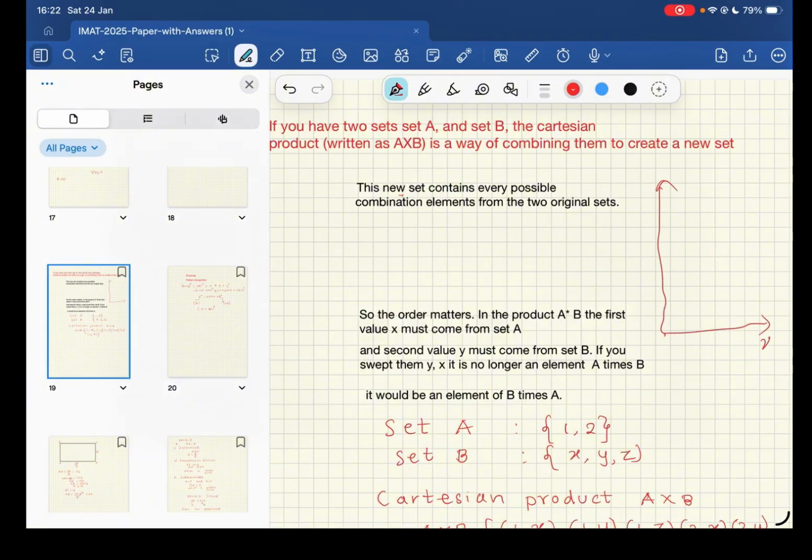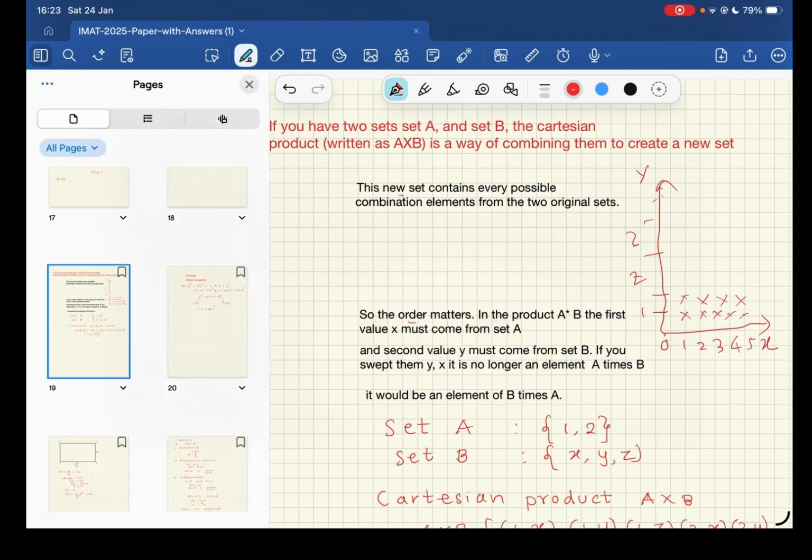In the Cartesian coordinate system, there is the x-axis and the y-axis. The x might have a set of 0, 1, 2, 3, 4, 5 elements, and y could have 1, 2, 3, 4, 5. Now if you choose any values in the grid, that has all the possibilities.